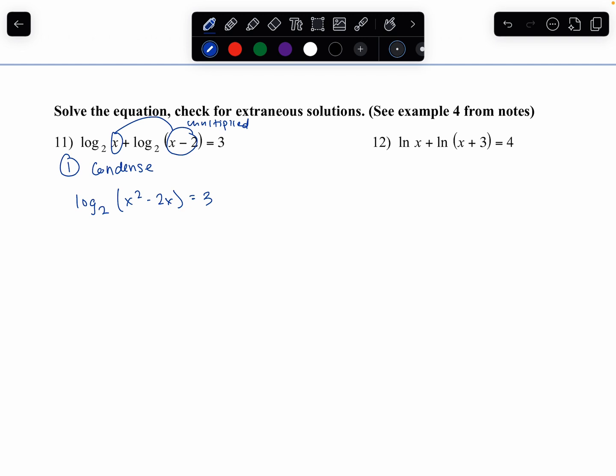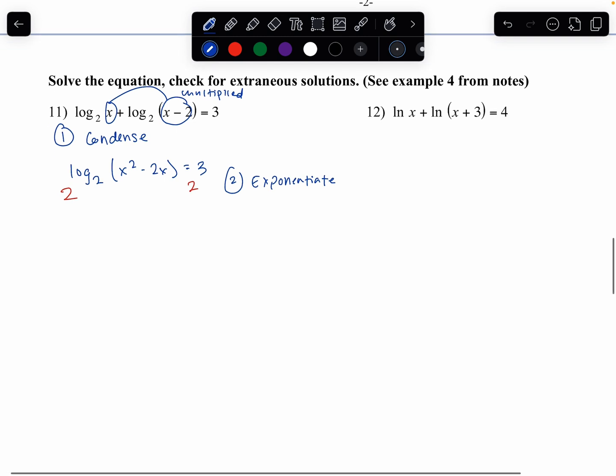And now that I have 1 logarithm, now I can exponentiate. So for 2, this is to exponentiate. And so now I'll have x squared minus 2x equal to 2 to the third, which will be 8.